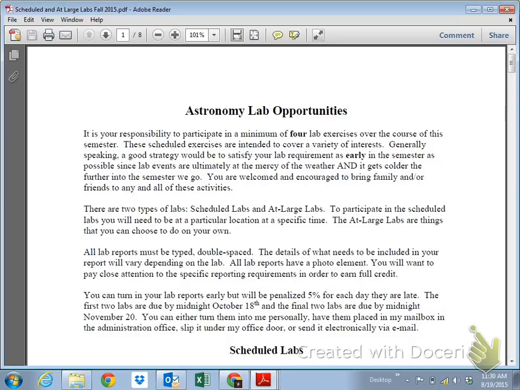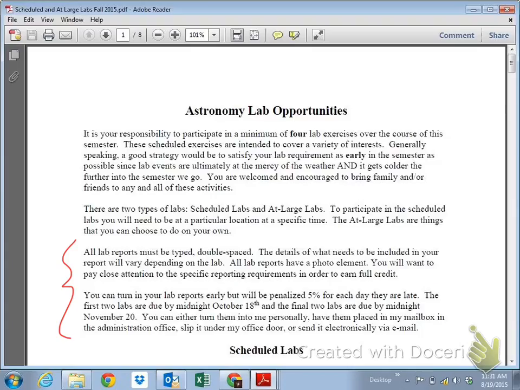these 4 paragraphs are important with regard to getting lab credit. If you want to pick on paragraphs, these last 2 right here: if you know people who took astronomy from me before, this is different than what they experienced. I think it's good.